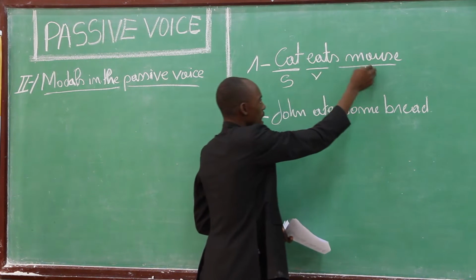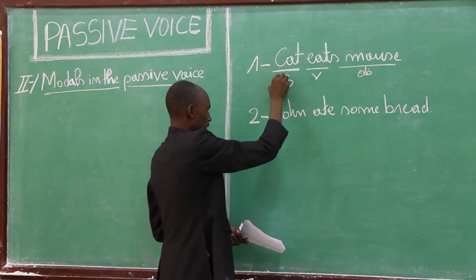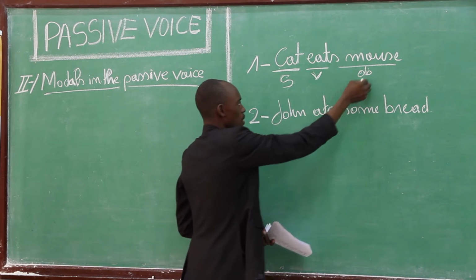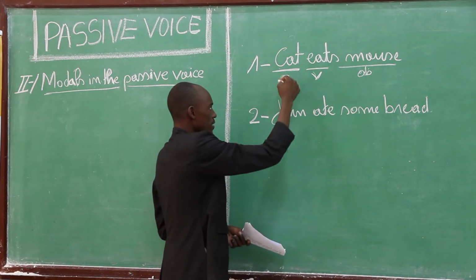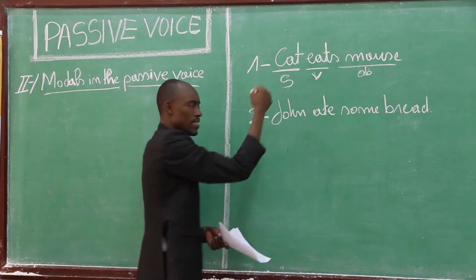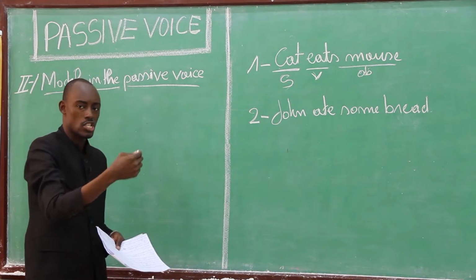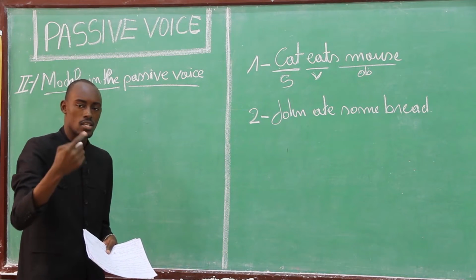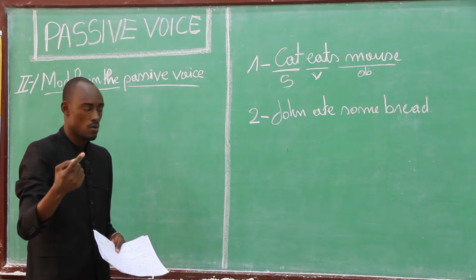Cat eat mouse: we have subject, verb, and object. And in this sentence, the subject does the action, and the sentence is in active voice.